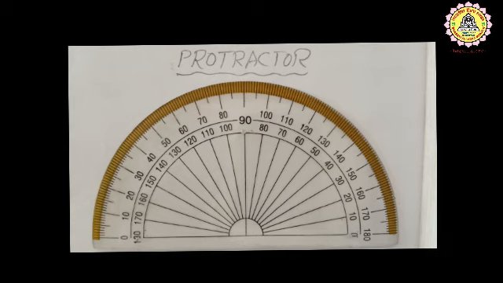Okay, this is the right side, this is the left side. Now about the outer scale. The outer scale starts from 0 degrees, which is on the left side. See, here 0 is on the left side. Okay, and it ends with 180 degrees, which is on the right side. This is called the outer scale.